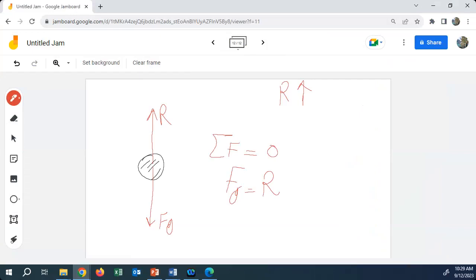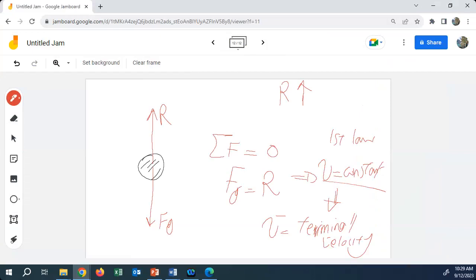We call this velocity terminal velocity. The velocity becomes constant, yes? Newton's first law. It means that we call this terminal velocity. Make sense?